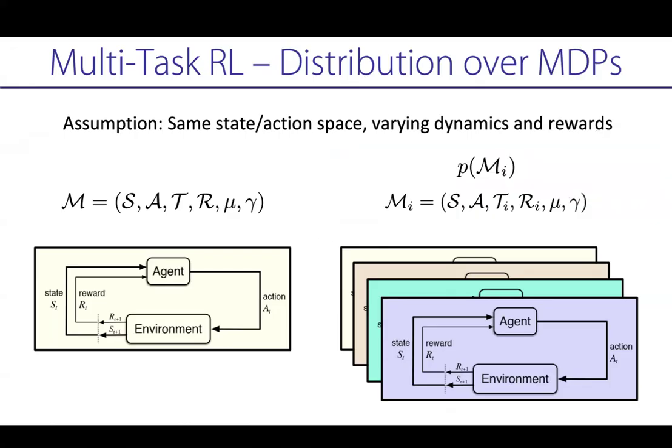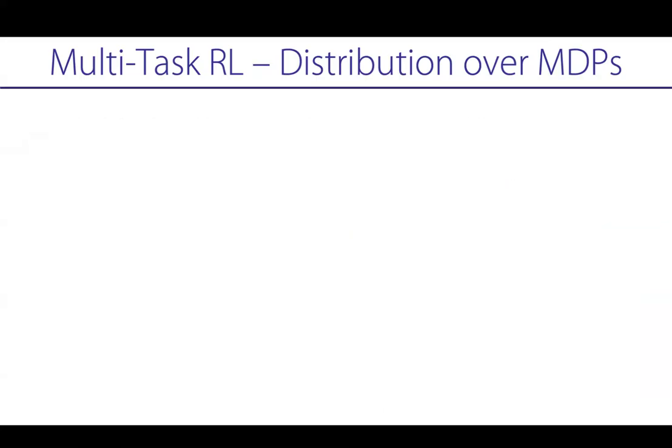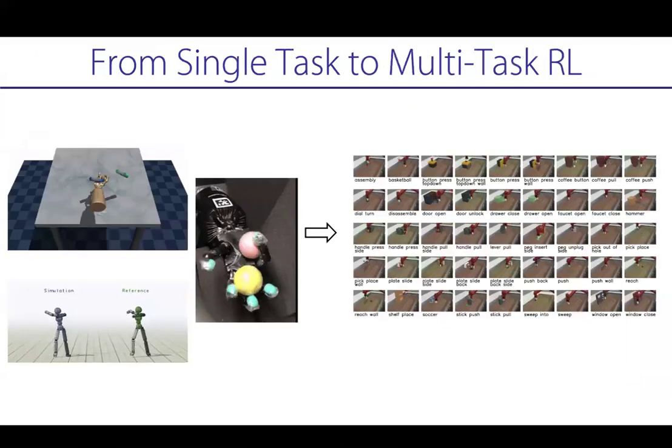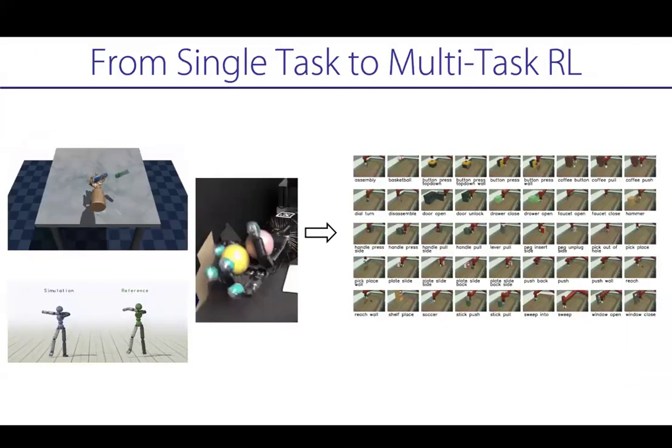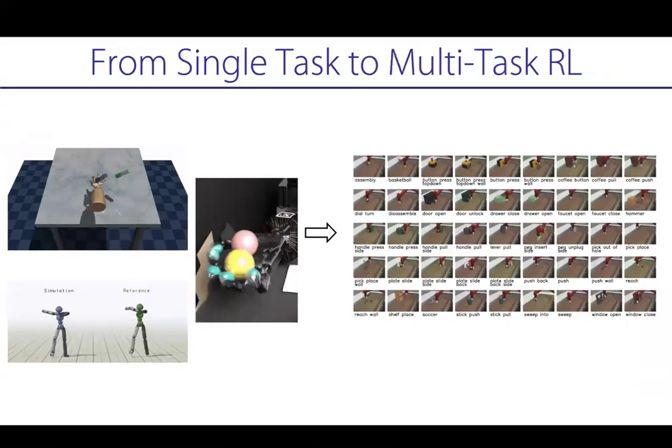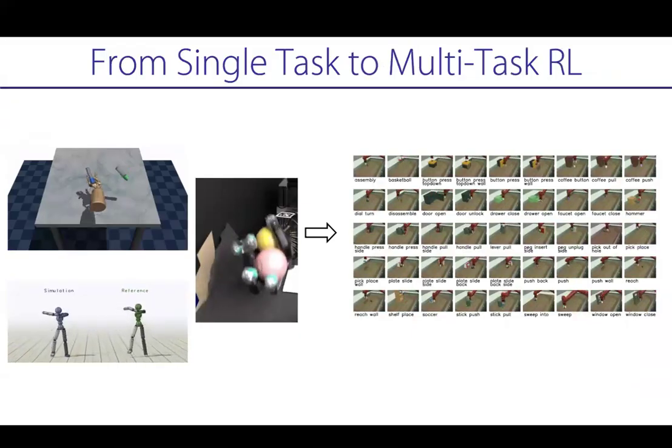I think the part that I find a little hard to wrap my head around here is the distribution over MDPs. It's easier to think about a distribution over initial states, but if I have 10 different tasks, right? If I give you another task, how do I know if it's in the same distribution?